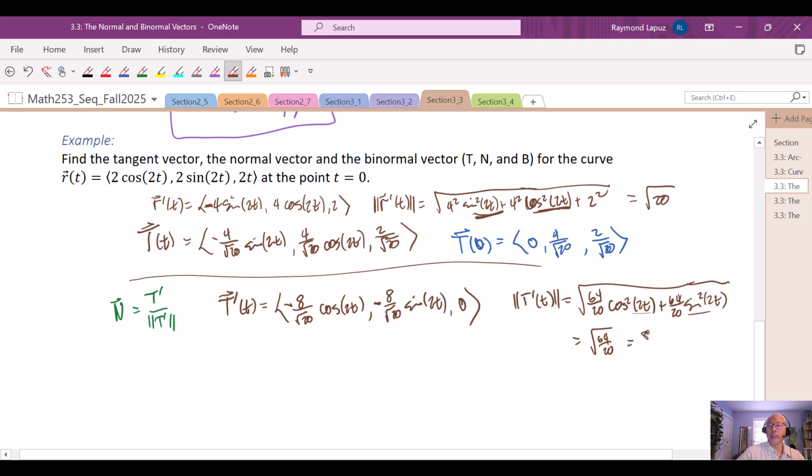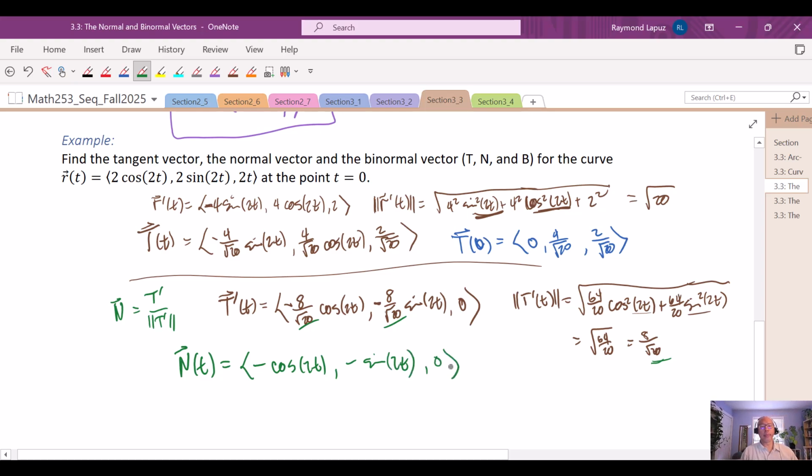I believe this is 8 over root 20, and so we're going to divide out by 8 over root 20. So your N vector, your unit normal vector, your principal unit normal vector, will have this thing divided by 8 over root 20. So we see that they have coefficients of 8 over root 20 that would divide out, and so that would just cancel everything, and it'll leave us with negative cosine 2t, negative sine 2t, comma 0.